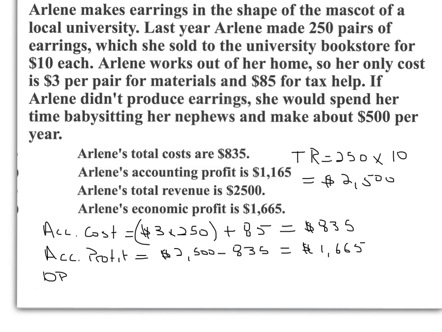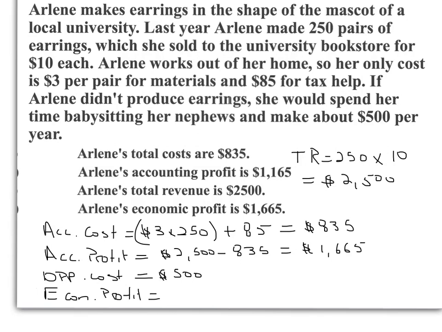Now we know that there was also some opportunity cost. So the opportunity cost for her was the money that she could not make babysitting because she was actually making earrings, and that comes to $500. That opportunity cost is what we're going to subtract from the accounting profit to get the economic profit. So economic profit here, we can look at it in two ways.